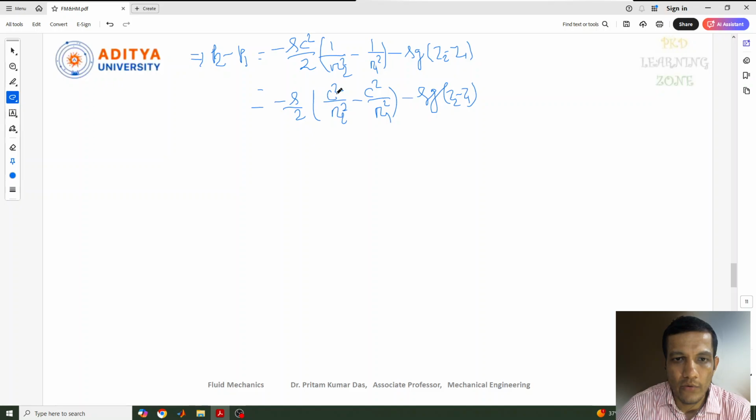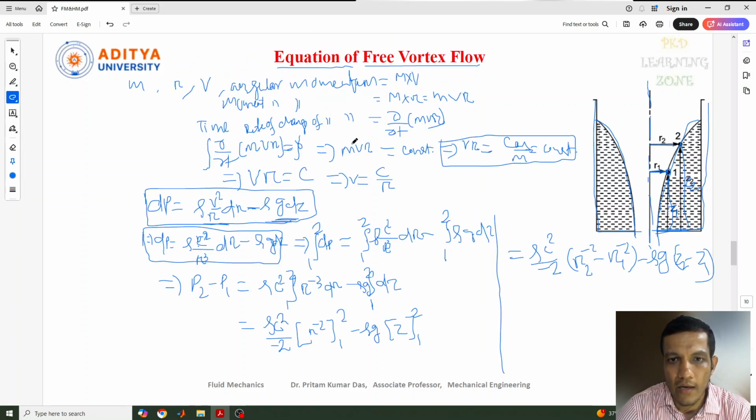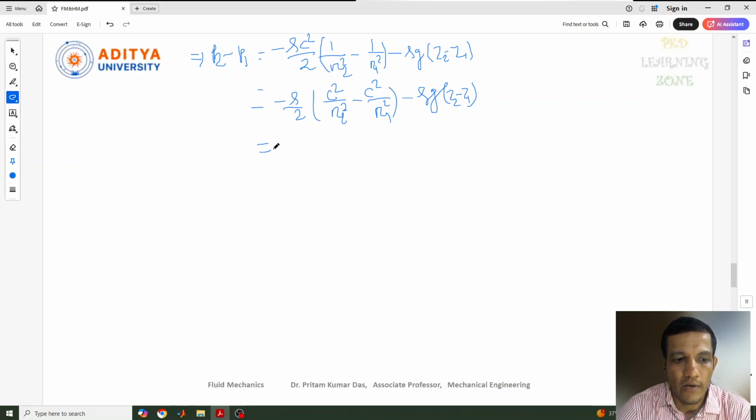Now if you see this value, c square by R2 square, c by R, let me show you here. Yes, V equals c by R. So we'll just put the value of V in place of c by R. That means we'll get minus rho by 2, V2 square, V1 square minus rho g into Z2 minus Z1.